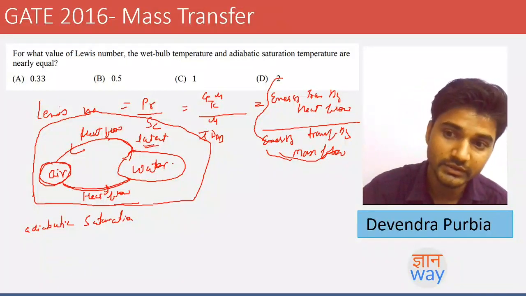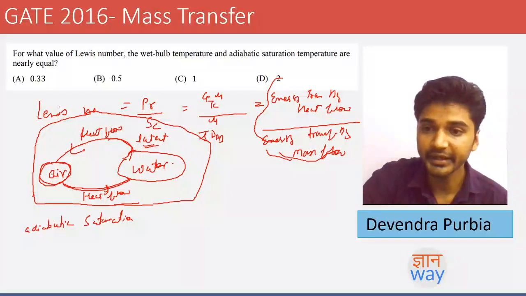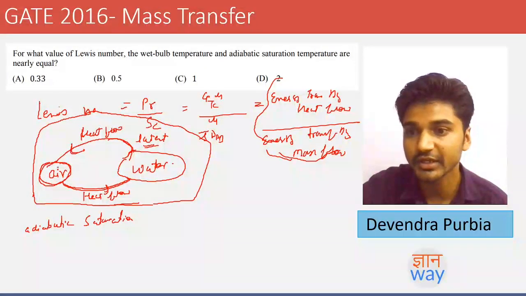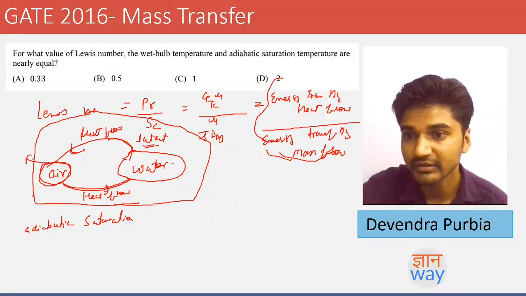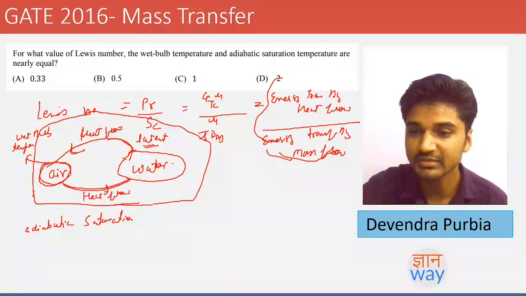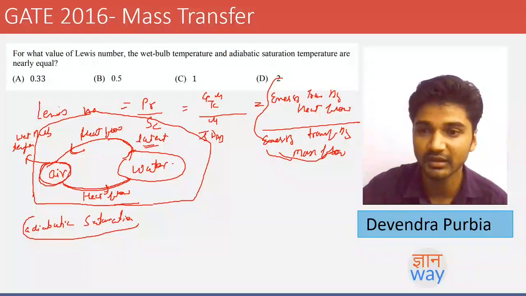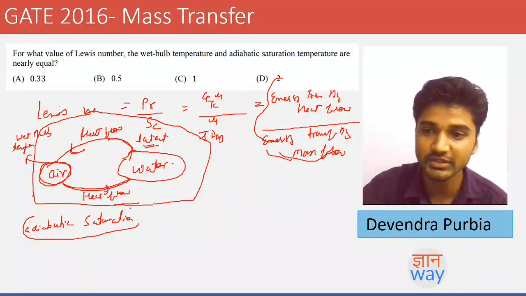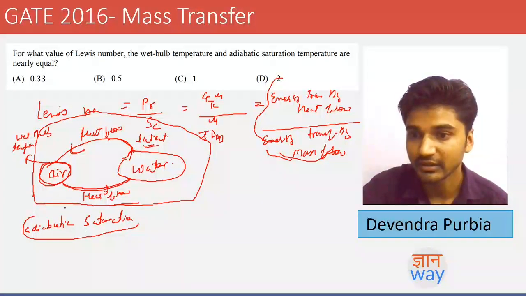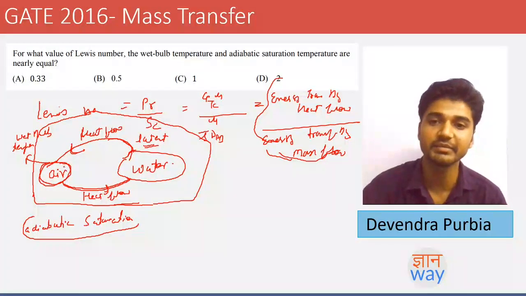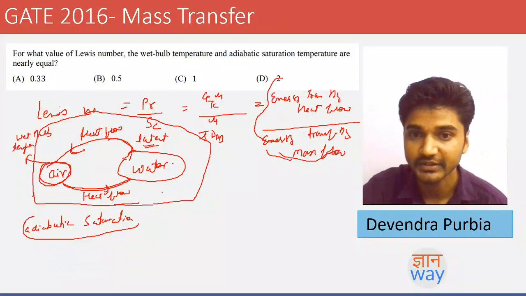Now no more vapor it can take from water, it is already saturated. So the temperature denoted is the wet bulb temperature. This is basically the ideal condition where the system is not taking heat from the surrounding, and this is the actual temperature. So the wet bulb temperature is always less than the adiabatic saturation temperature.